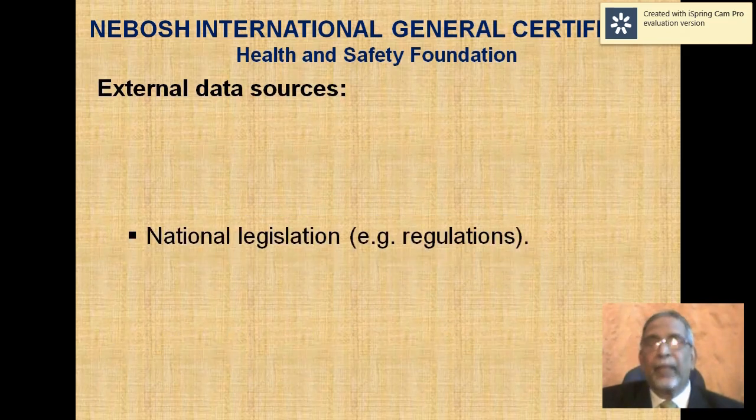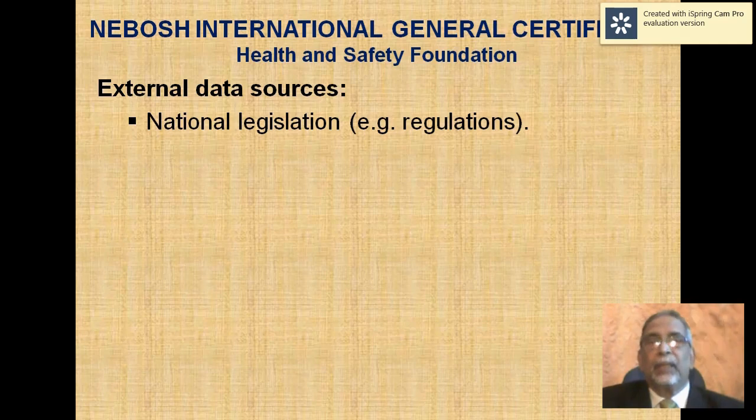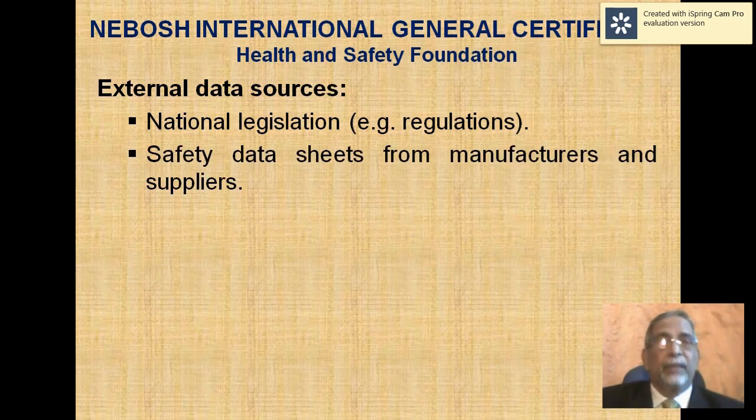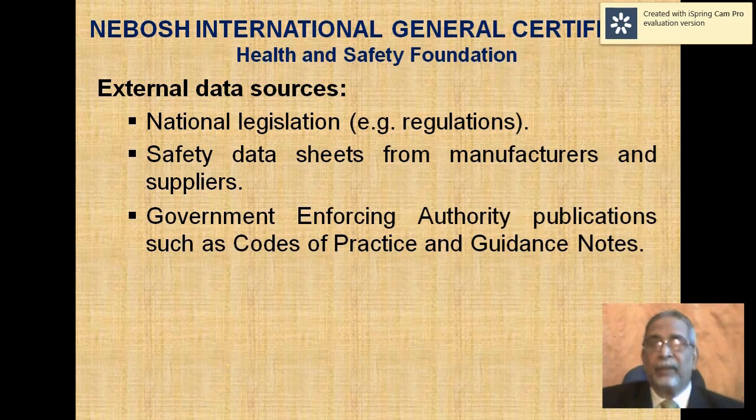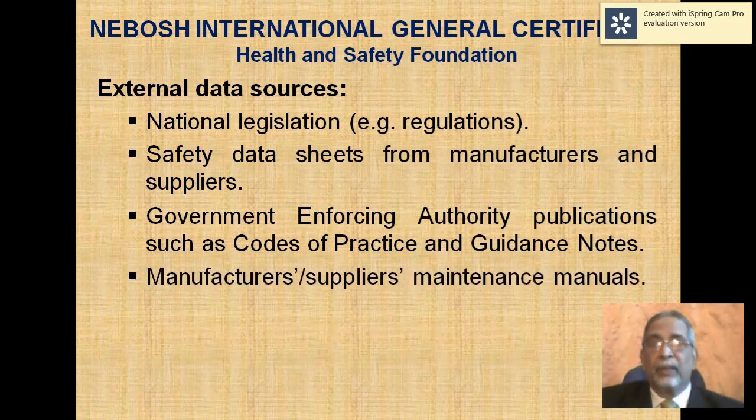External data sources. Now we will see what are the external data sources. One is national legislation, that is regulations. Another one is safety data sheets from manufacturers and suppliers. Another one is government enforcing authority publications such as codes of practice and guidance notices.